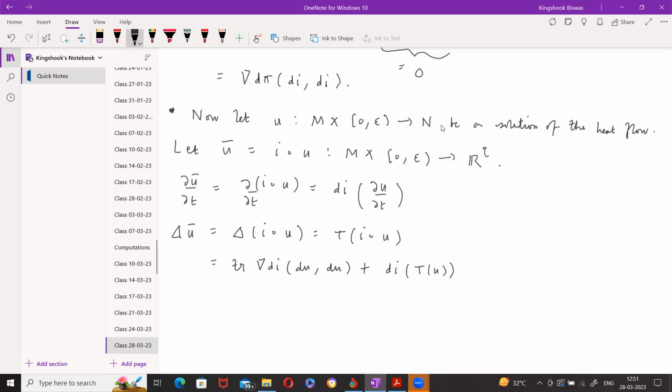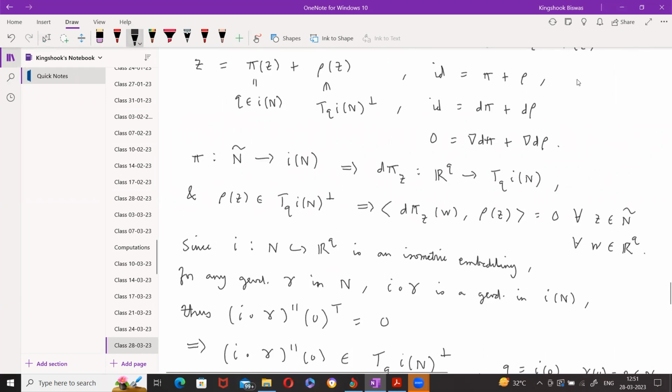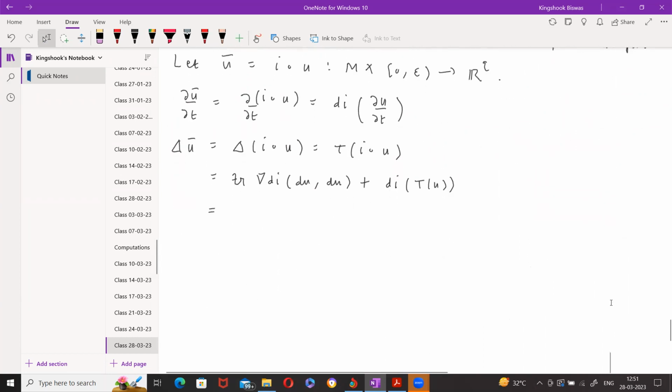Now, what is this trace of nabla di of du? So here, now we go up and look at what we had earlier. Yeah, so nabla di is nabla d pi composed with di, right? So I can use that here.